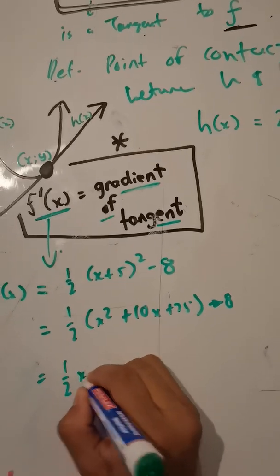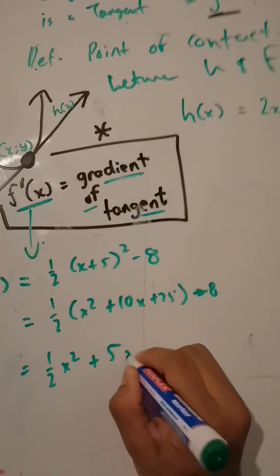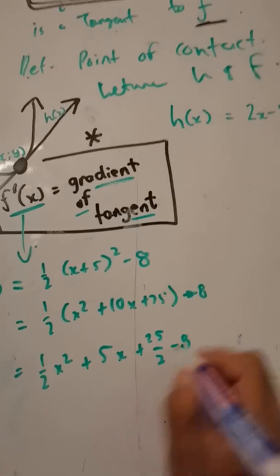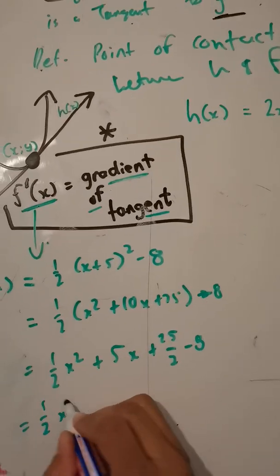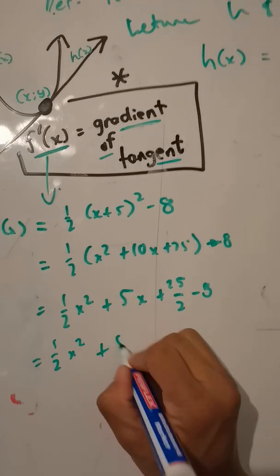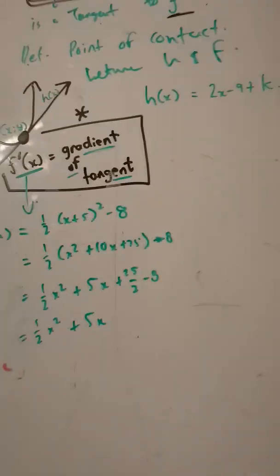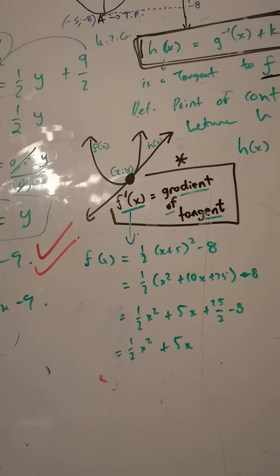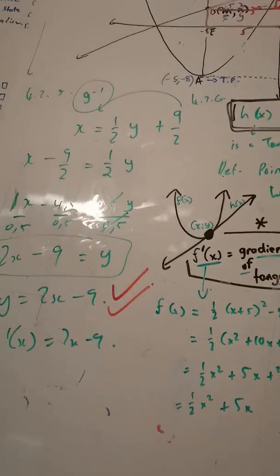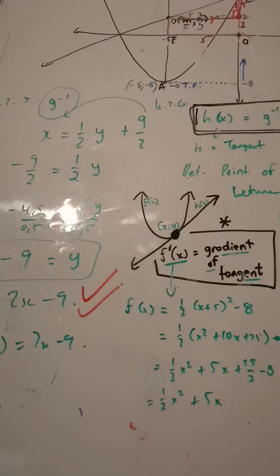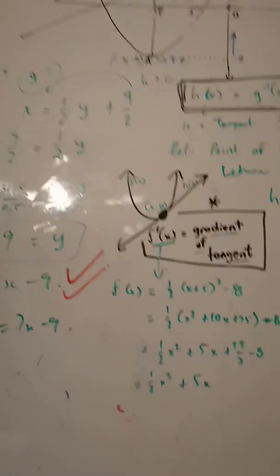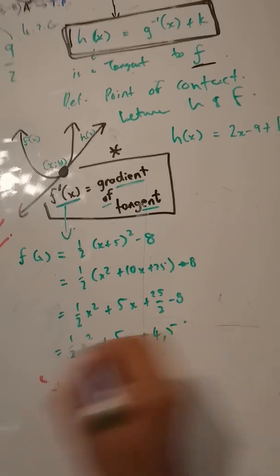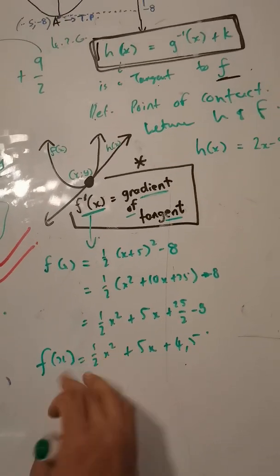So that's a half x squared plus 5x plus 25 over 2 minus 8. 25 over 2 is about 12,5, minus 8 is 4,5. So that's about plus 4,5. So this is the formula of my f of x.